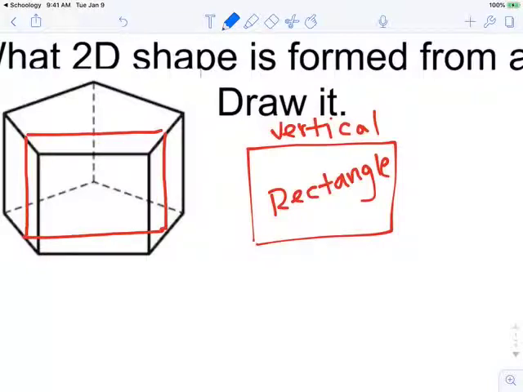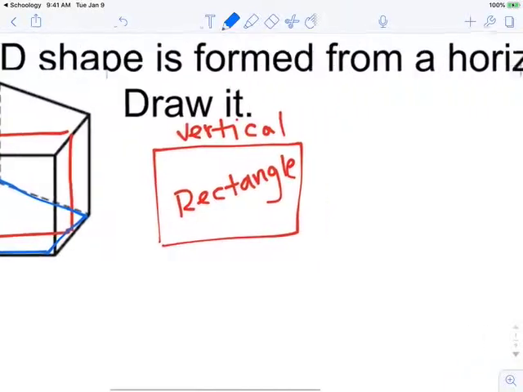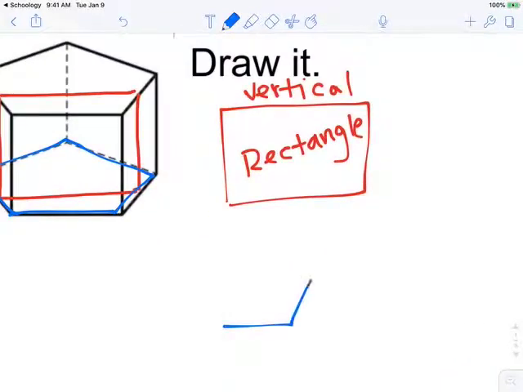If you go like this, horizontal, cut from left to right, what picture am I going to show? What 2D shape am I going to get? Pentagon. And just look at the bottom, right? I just shave off the bottom, and I get a two-dimensional shape. It's a pentagon.